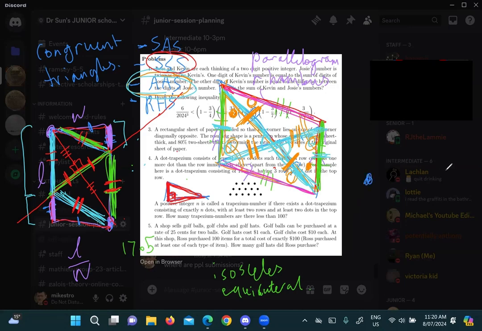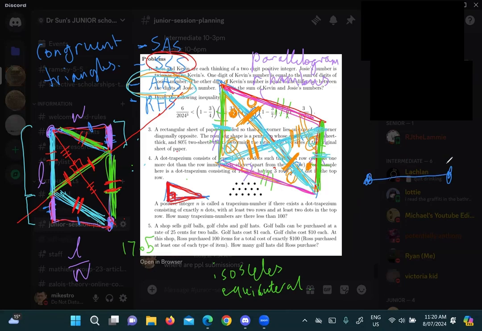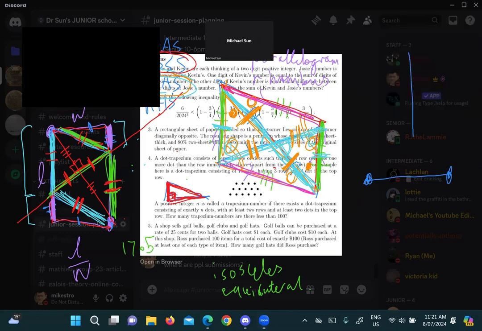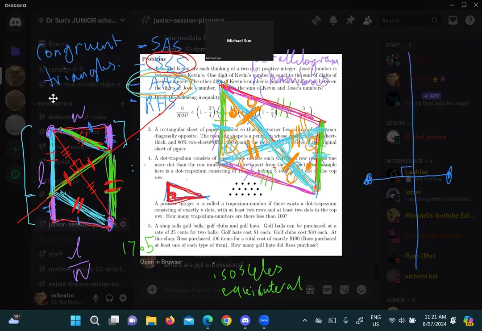If you have two points and you join them, there's a line that's perpendicular and bisects the interval. This is called the perpendicular bisector.